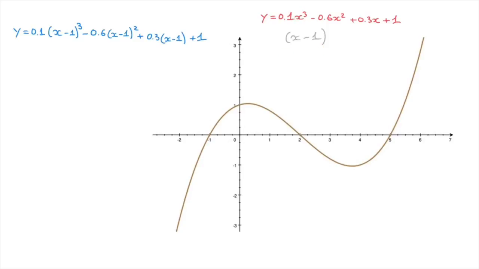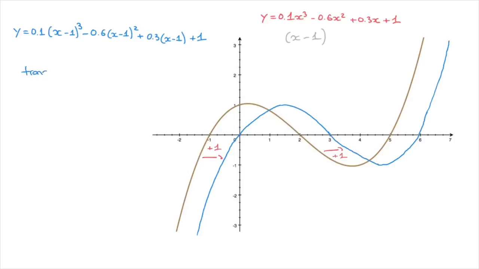And now you can go ahead and check with your graphical calculators, but plotting this function will look something like this. And we can see quite clearly that all we've done is shifted this curve 1 unit to the right. And we can describe this transformation as a translation along the vector (1, 0).